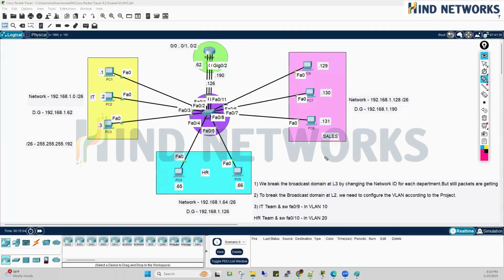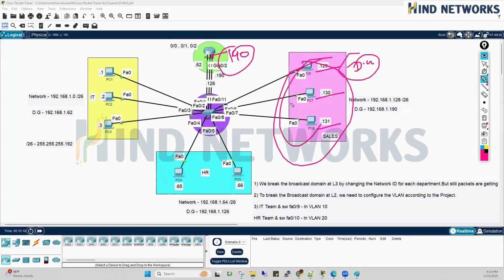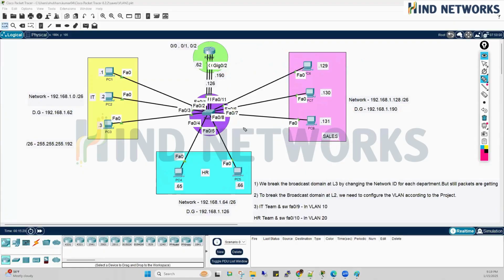Clear? Similarly, here I assign 192.168.1.129, 130, and 131. And here I assign 192.168.1.190. This will be the default gateway for these three PCs. So now I hope you understand: for these three PCs the default gateway is 192.168.1.62, configured here.